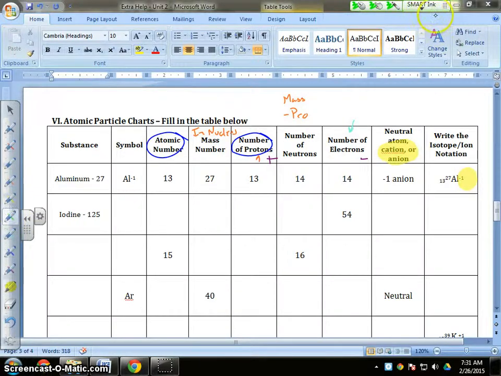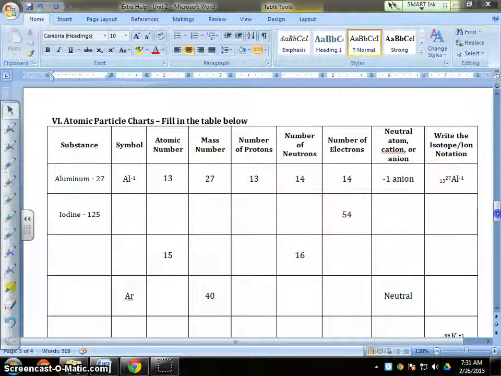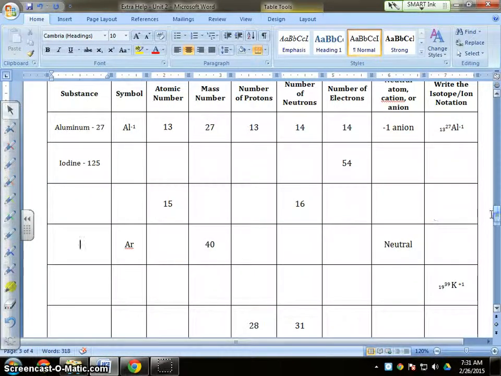So with all that being said, I think going through at least a couple rows real quick would be very, very beneficial. So let's start kicking out some of these answers. In terms of iodine 125, obviously I know that this is iodine, but the 125 is telling me a very specific isotope. That is my mass number.